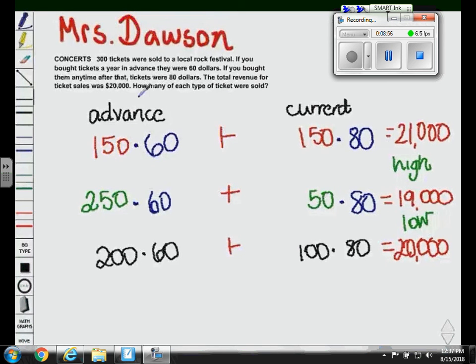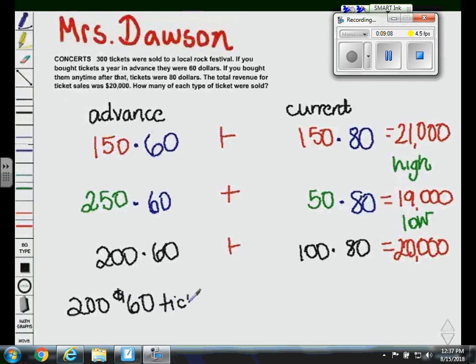The question was, how many of each type of ticket were sold? There were 200 $60 tickets, and 100 $80 tickets.